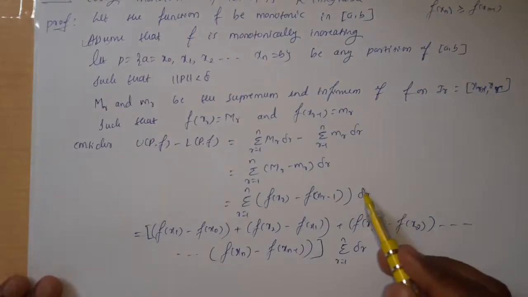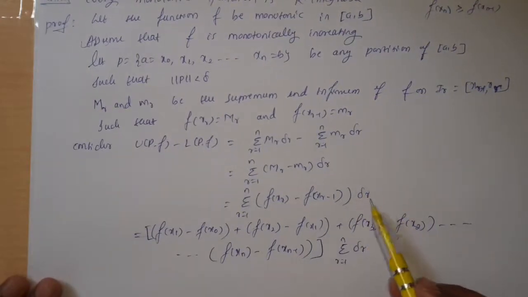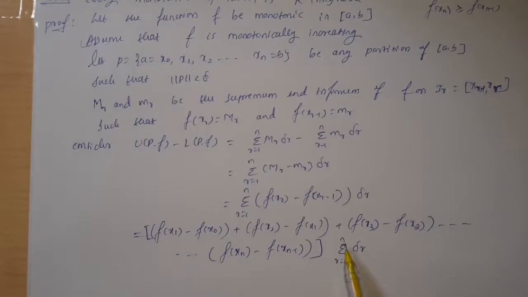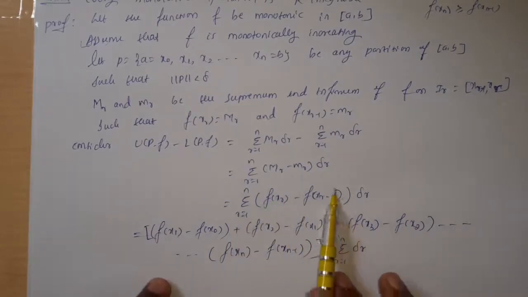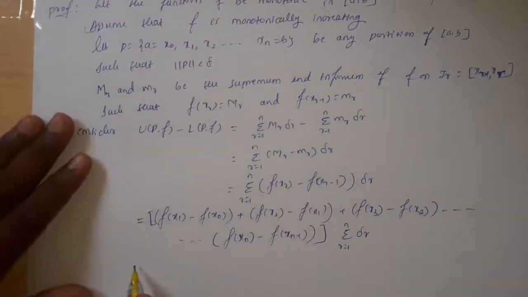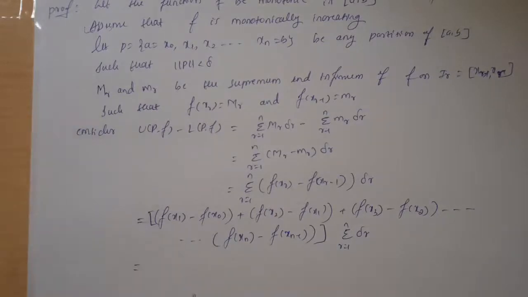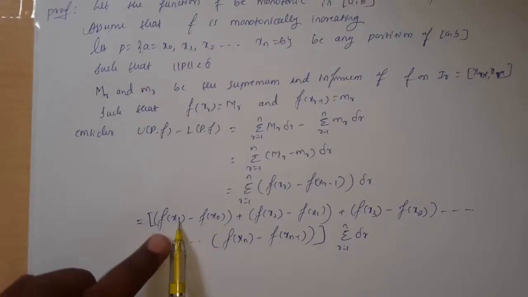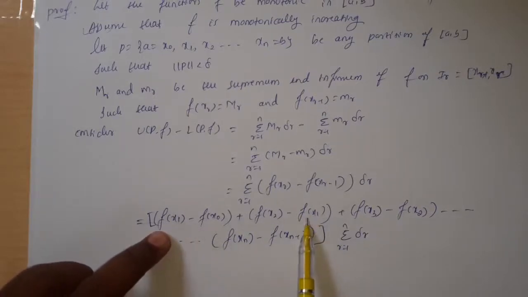We are not applying this, consider this whole as the summation, that is summation over r equal to 1 to n delta r, and only expanding the first expression, that is f of xr minus f of xr minus 1. Now, it is equal to, here f of x1 is positive and in the next one that is negative, right.